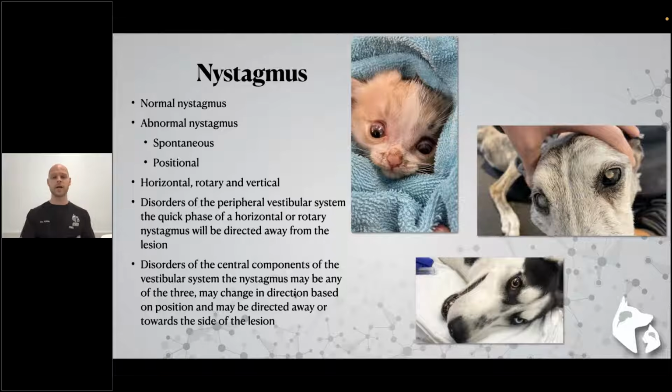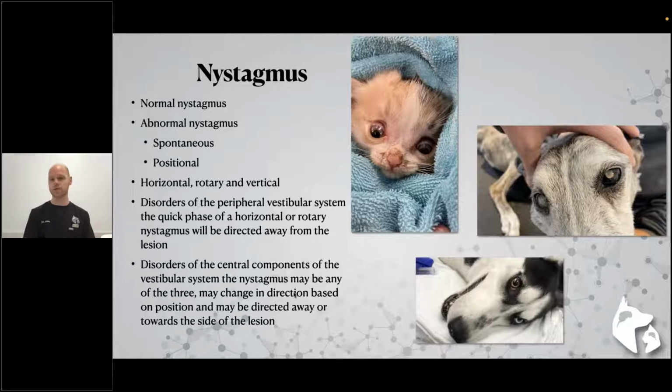Those patients that don't have a nystagmus when they walk in, but you flip them on their back, or change their position or challenge their balance system in some way, and then you notice the nystagmus, that would be a positional nystagmus. Both are abnormal.